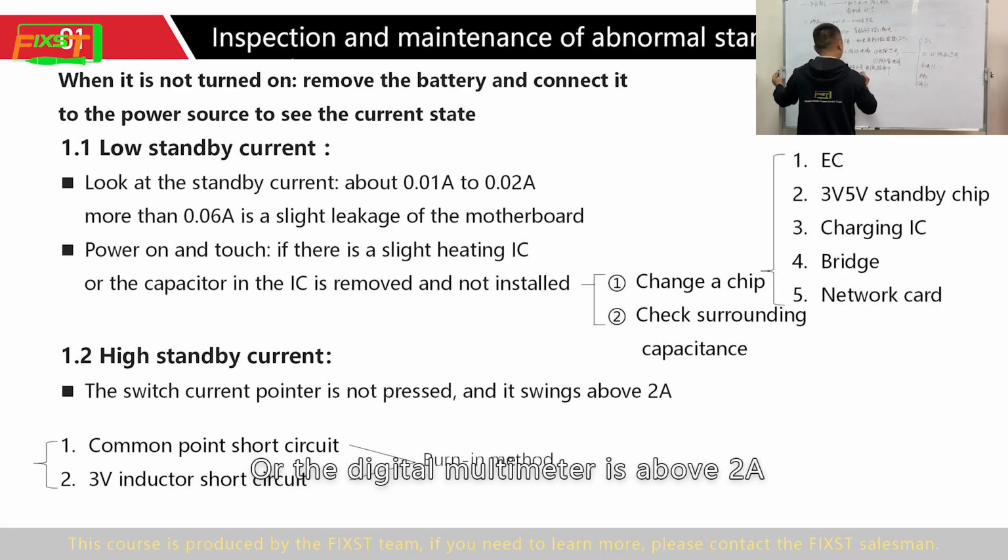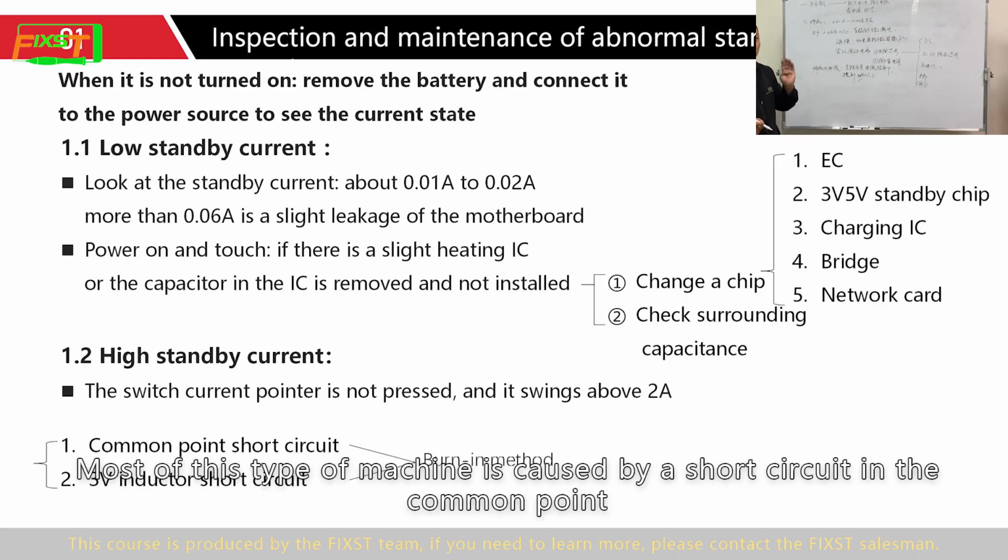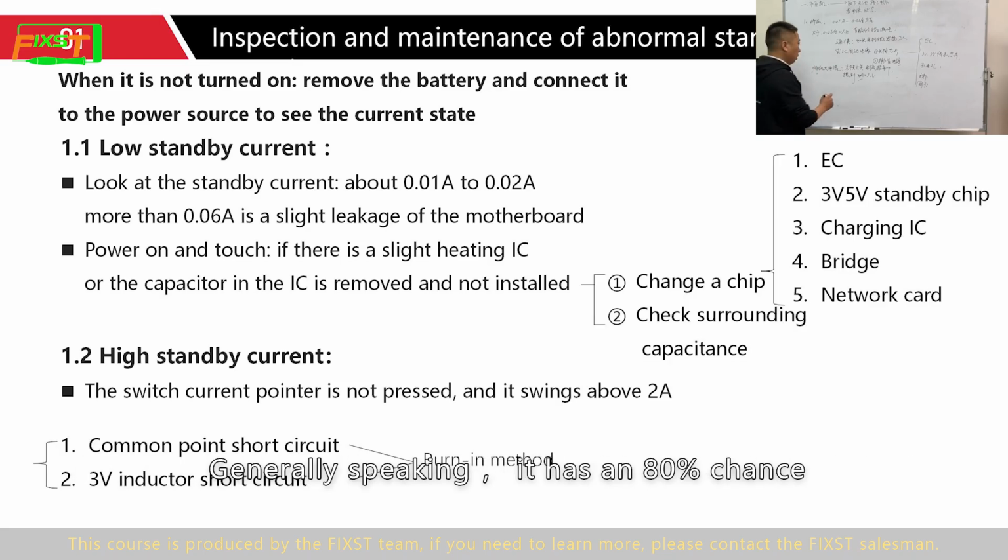Or the digital multimeter is above 2 ampere. A machine like this is easier to repair. Most of this type of machine is caused by the short circuit in the common point. Generally speaking, it has an 80% chance.